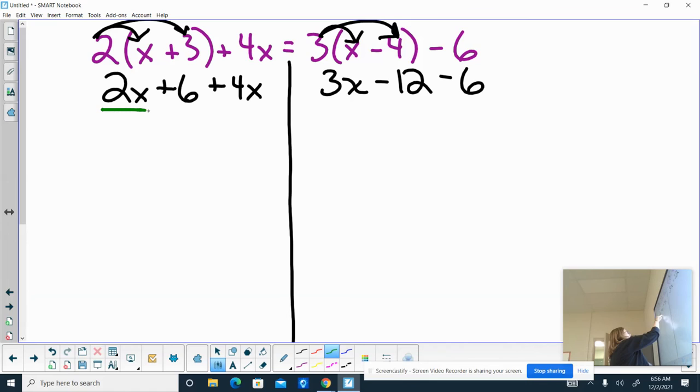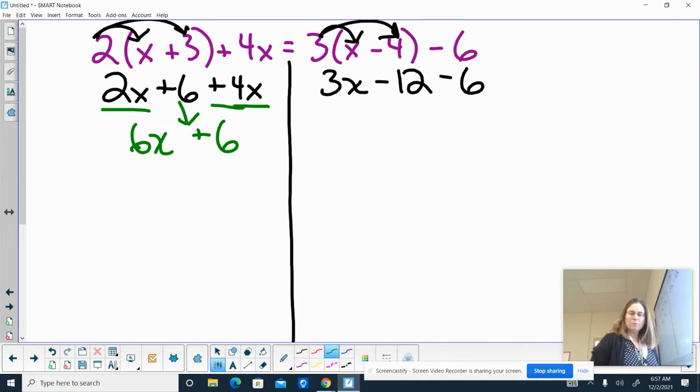So I'm going to look on the left-hand side and find the things that are alike. Here I have something with an x and something with an x, so I can combine those two. 2x plus 4x is 6x. All right, so we have 6x. I'm going to bring that down. Didn't do anything with it.